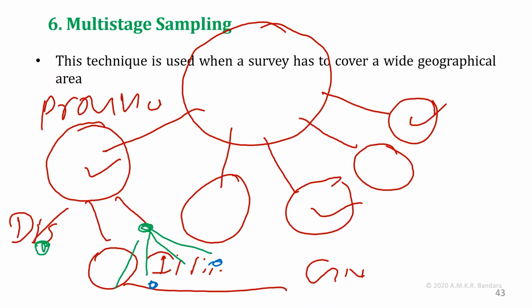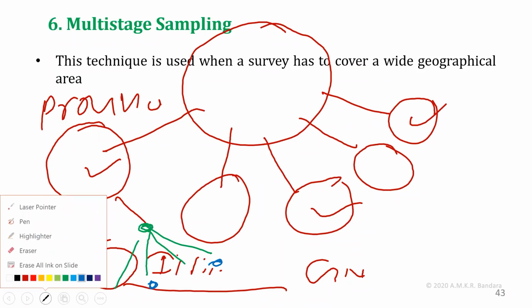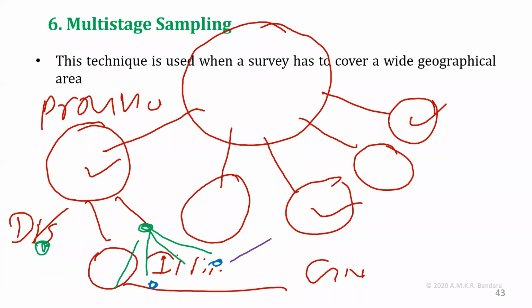Then within a selected divisional secretariat, there are several GN divisions or villages. Then a few villages can be selected. So from the selected village, the individual can be selected randomly or using any other technique we learned up to now.